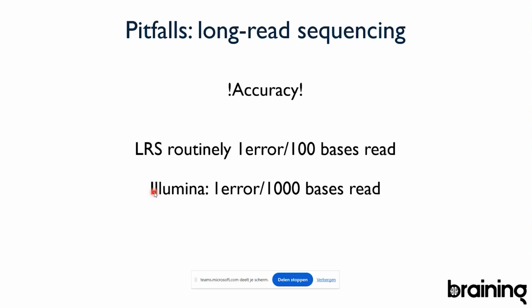For example, with Illumina sequencing, so the next generation sequencing, what you would have is an error of 1 error per 1,000 bases that are read, which maybe does not seem like a lot, but if you read, I don't know, 20 million bases, the amount of errors start stacking up.